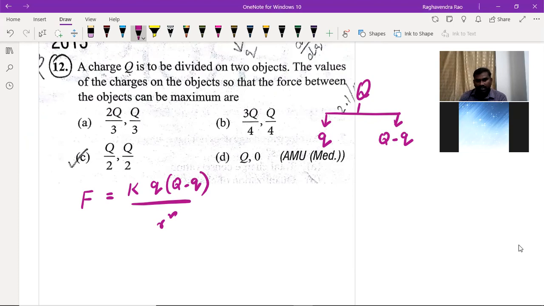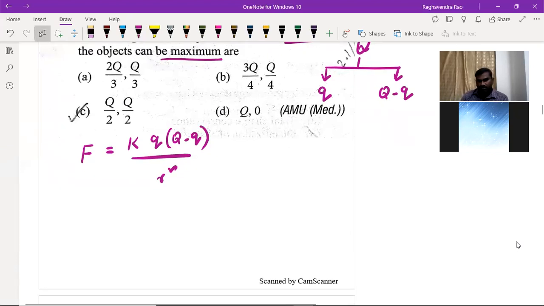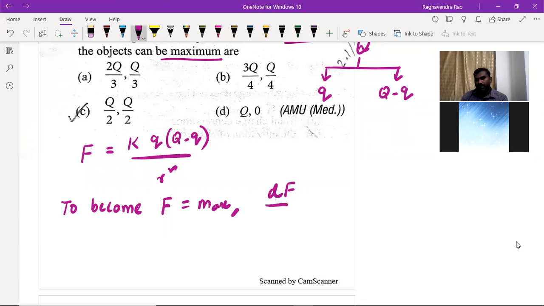Now, what they are saying is that the force between the objects must be maximum. So here we can use a mathematical technique. For the force to become maximum, dF by dq must be equal to 0.